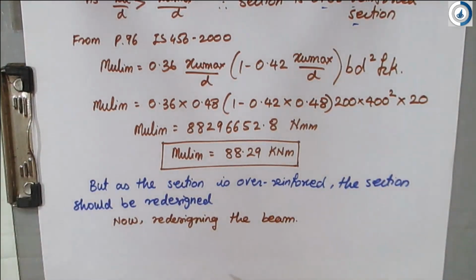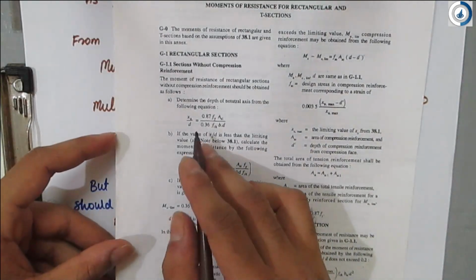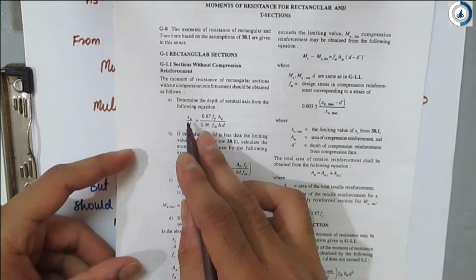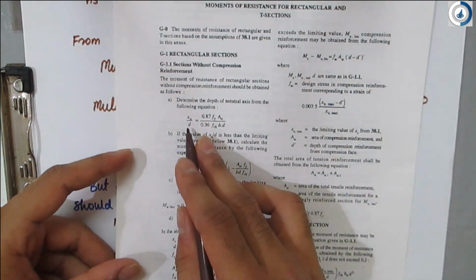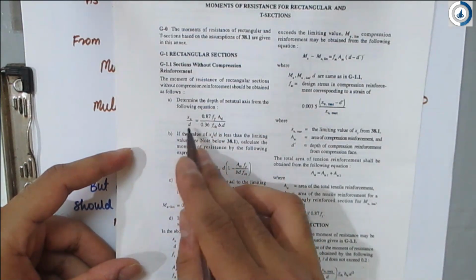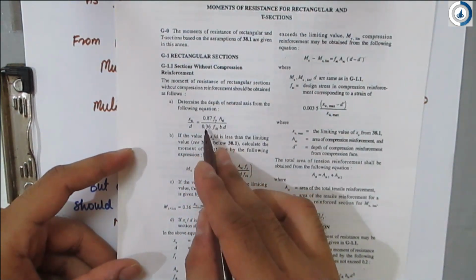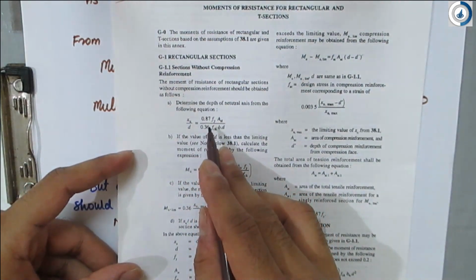So again you have to go to page number 96, where we had taken the first formula to find out the neutral axis depth. Same formula you have to take, but the only thing is you have to take here XU max by D, because that is the maximum value you can take. And you have to simplify 0.87 divided by 0.36 and you will get the value 2.417.